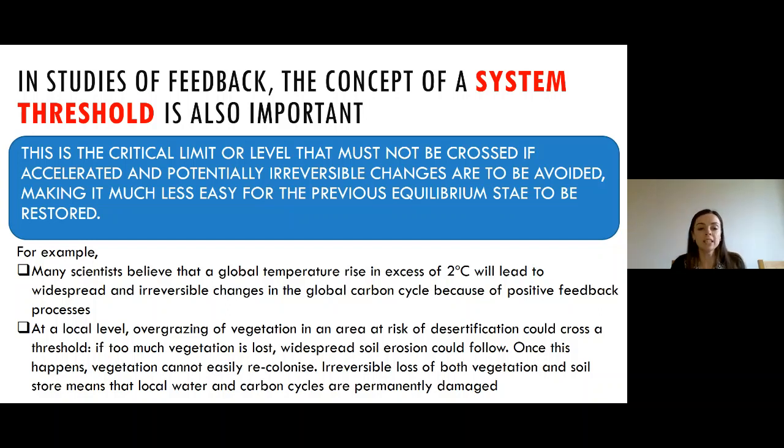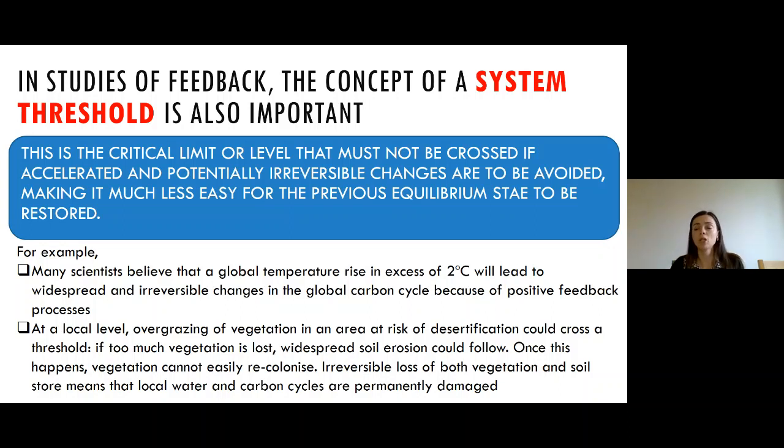This is a critical limit or level that must not be crossed if accelerated and potentially irreversible changes are to be avoided, making it much less easy for the previous equilibrium state to be restored. For example, many scientists believe that a global temperature rise in excess of 2 degrees will lead to widespread and irreversible changes in the global carbon cycle because of positive feedback processes.